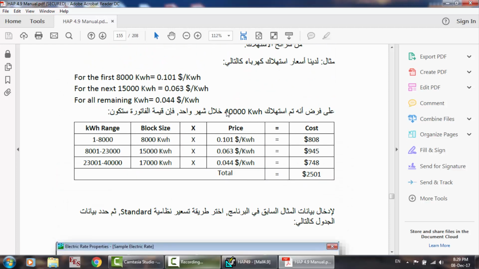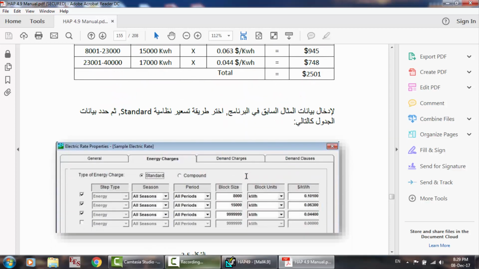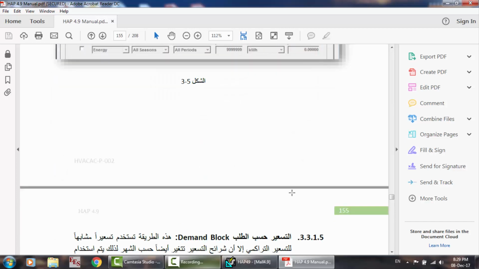This is if you have it for a month and it does not change. That's why we make it for all seasons, but for each block you have a different dollar per kilowatt hour.